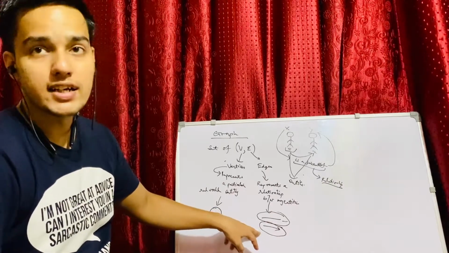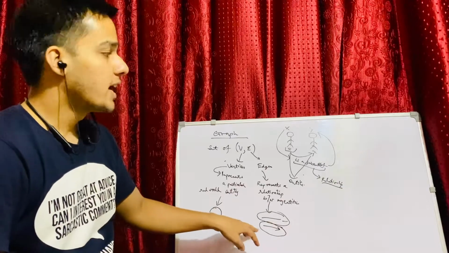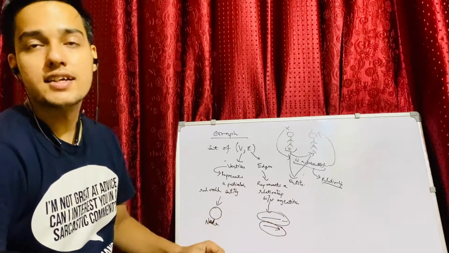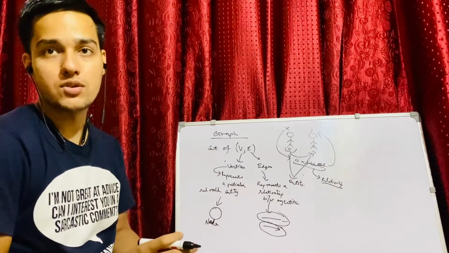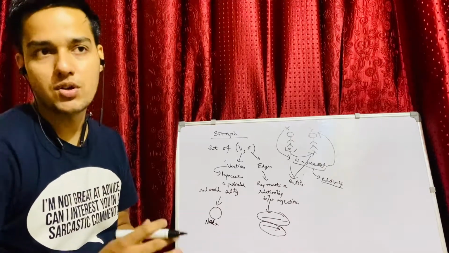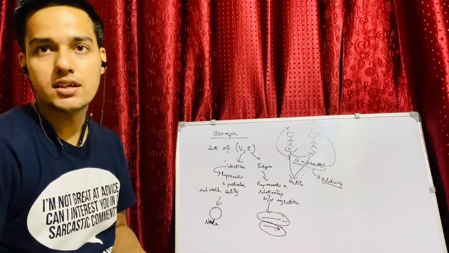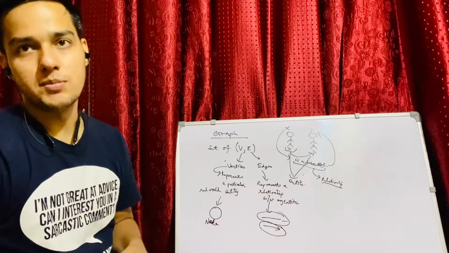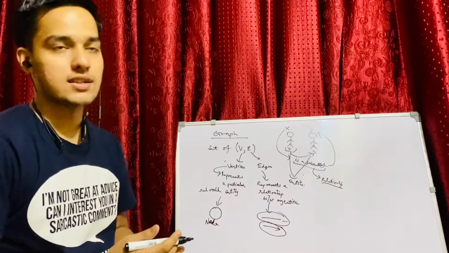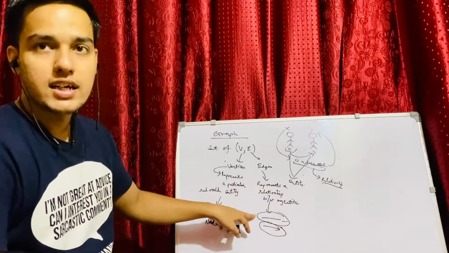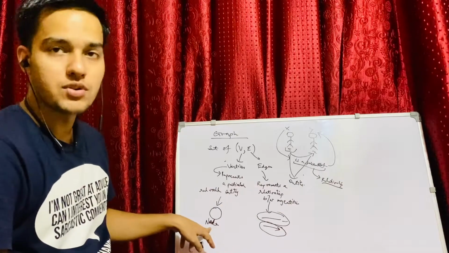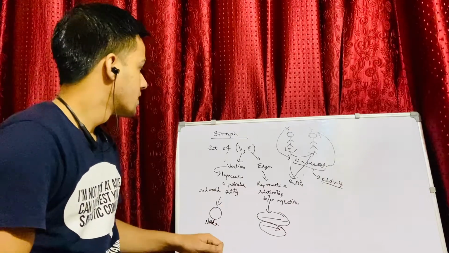For example, X is liking a post of Y. It's not the other way around, because Y has posted something and X is liking that post, but not vice versa. So in case of directed we use an arrow, in case of undirected we use a single line, and for a node we use a circle.